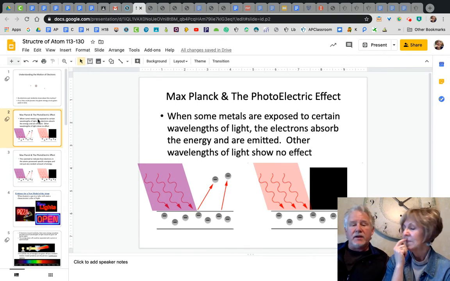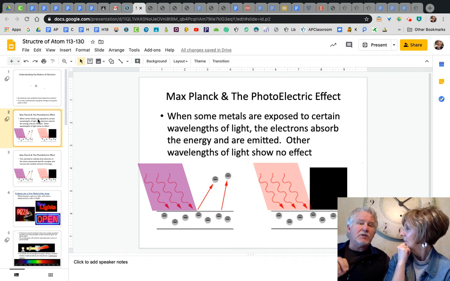But not with electrons in metals, or electrons in any element. You could pump energy into it all day long, and that energy would not build up to result in ejecting electrons. You have to have what's called a threshold frequency, which is a specific amount of energy that you have to put into that system in order to eject an electron. And that was the photoelectric effect.